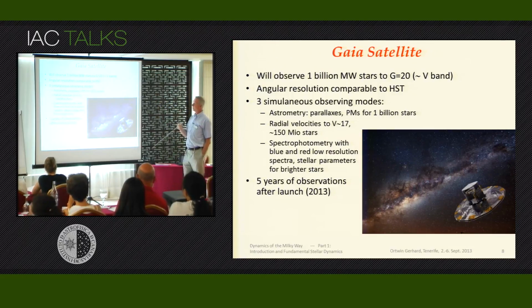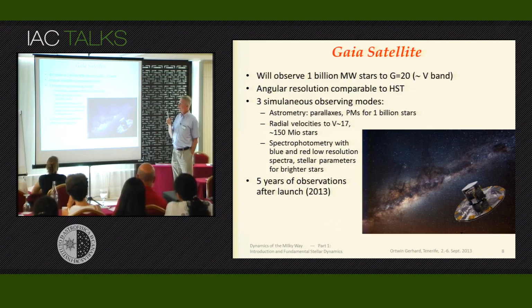And it'll give us data from 3 simultaneous observing modes. One, it'll do astrometry, measure parallaxes, and also measure proper motions for this large number of stars. Secondly, it has an instrument that can do spectra at some limited resolution, and so one can get radial velocities to not quite the same depth as the proper motions.